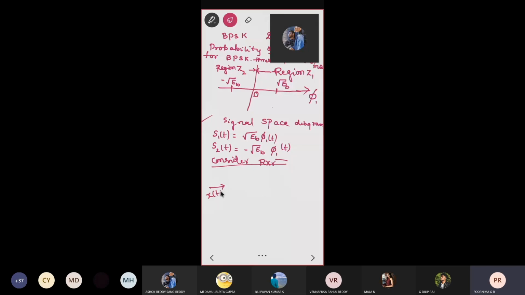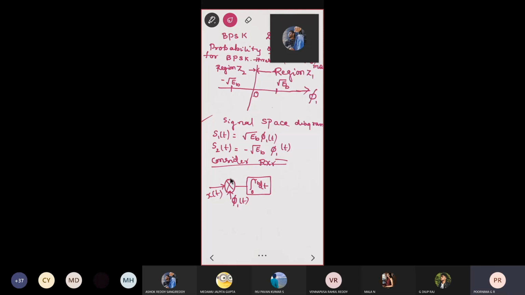This x of t may be S1 of t or S2 of t, which is received at the receiver through the channel. It will be subjected to a correlator. The correlator will have the multiplier and an integrator. This integrator is from 0 to TB with respect to dt.